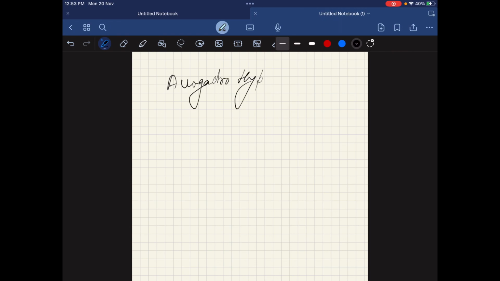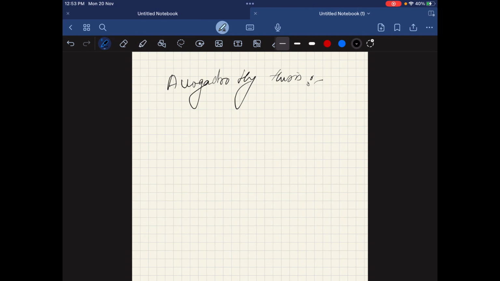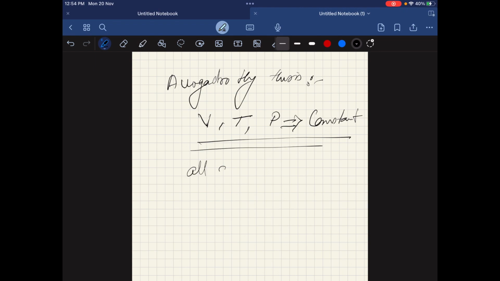Another topic is Avogadro hypothesis, which says if the volume, temperature, and the pressure of a gas is constant, then whatever is the gas will have an equal number of molecules in equal volume.